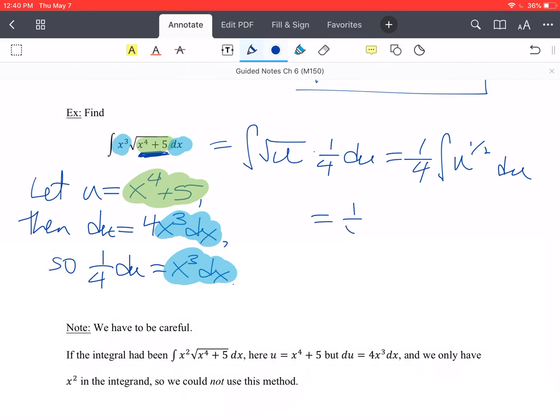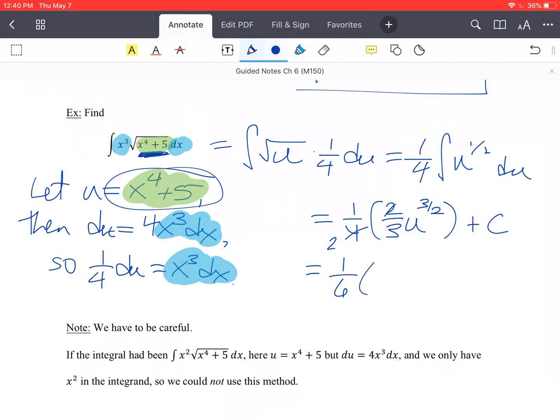So we get 1/4 times the antiderivative of u to the 1/2, which is 2/3 u to the 3/2 plus c. Simplify that fraction. There's a 2, there's a 2. That's going to be 1/6 u to the 3/2. So u is x to the 4th plus 5. So that's going to be x to the 4th plus 5 to the 3/2.